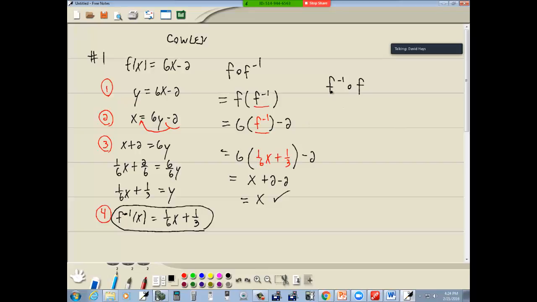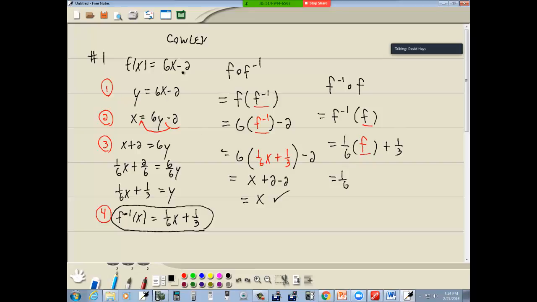Alright. Now, you have to find it both ways, because both ways have to give you the x. So in this way, I'll find the inverse of f, and then of f. So our inverse is equal to this down here. I'll go through and replace the x with parentheses. Now whatever is inside the parentheses right here is automatically what you put in here, so we'll put f in there.